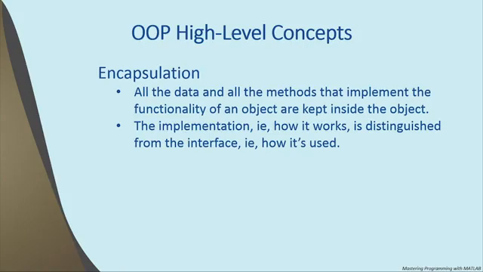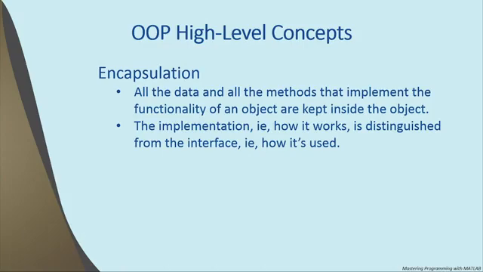So when you used MyList's insert method to add the first item to a list, it changed the handle in MyList's head property, but you couldn't look at that handle because head was not part of the interface. Another way to say it is that how an object works is distinguished from how an object is used.